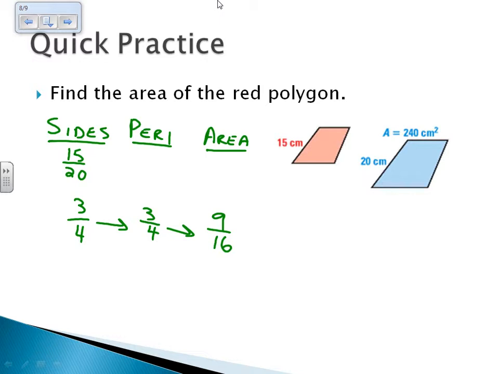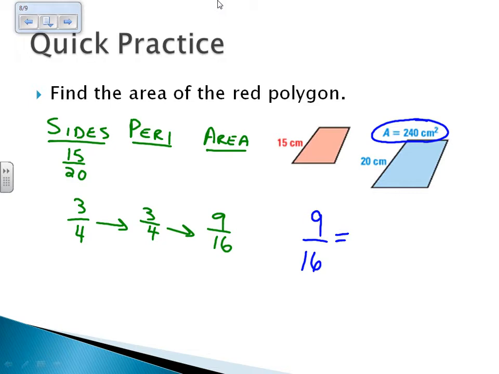So for my proportion, I know that it's 9 over 16. This again is red to blue in this case, small to big, equals, where am I going to plug in this area?